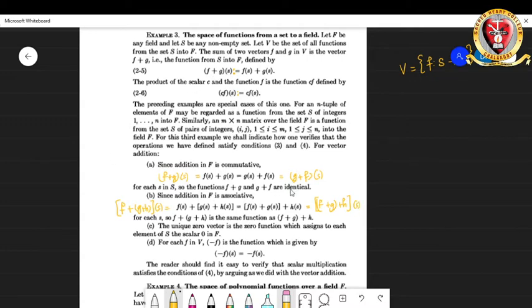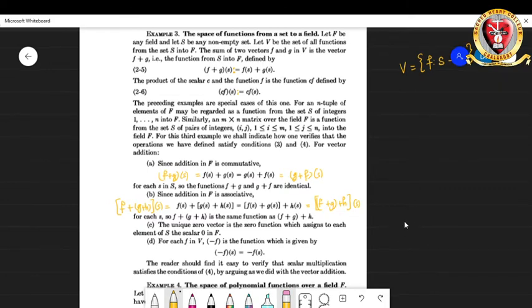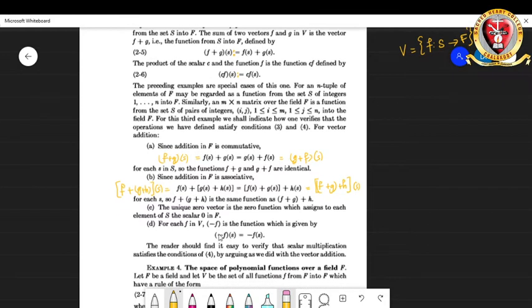So associativity is also satisfied. The zero vector is the zero function, and for minus f of s we have minus f of s, which is a function defined like this, and from that you get f plus minus f of s is equal to 0, 0 of s, just the zero function.